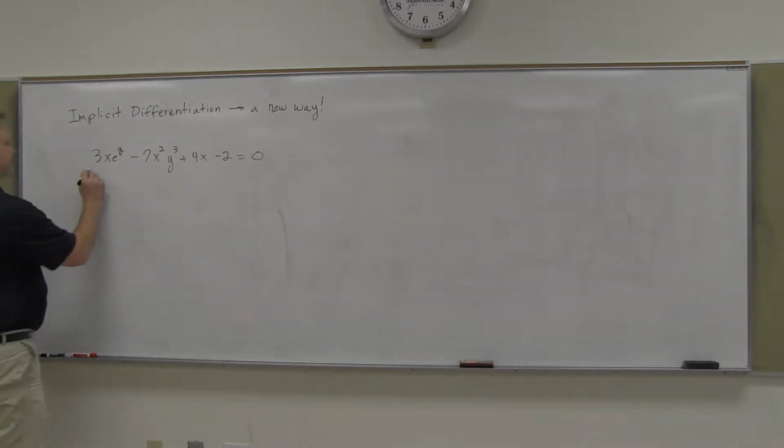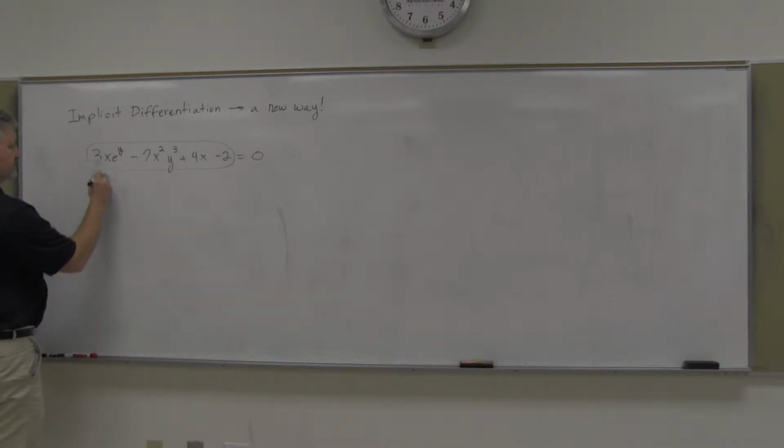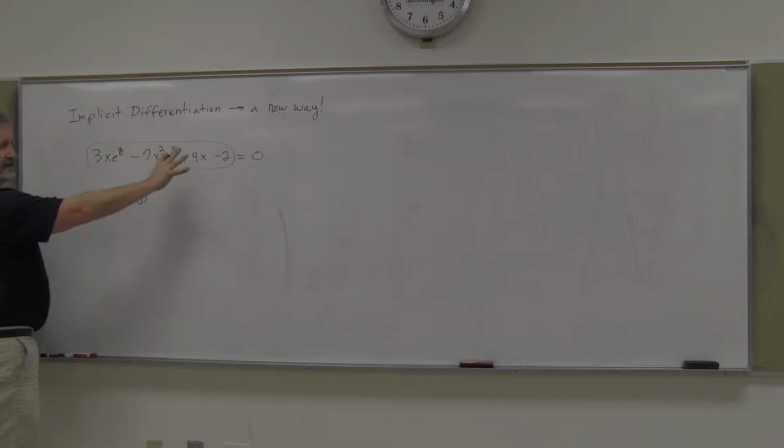Let's consider the function I have on the left here as my two-variable function of x and y, z equals f of x, y. So I've got an f of x, y equals 0.